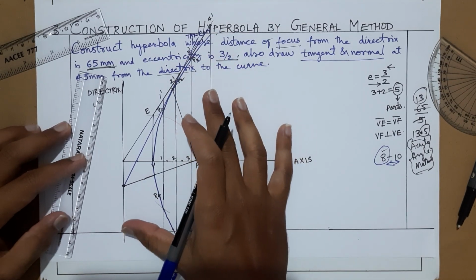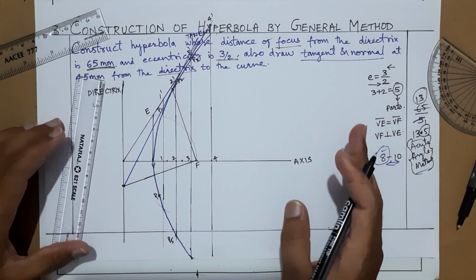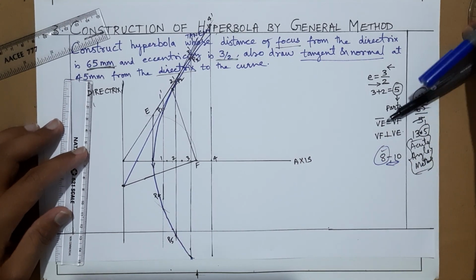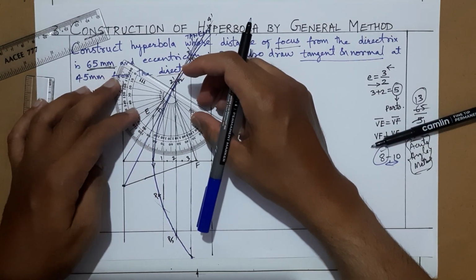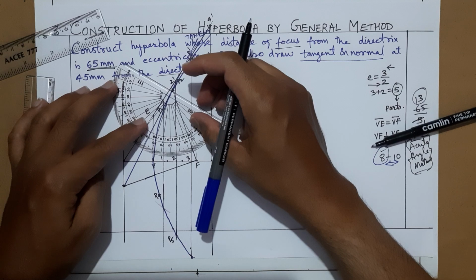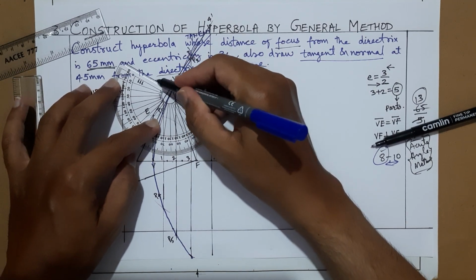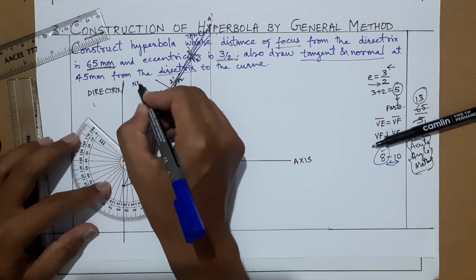So on the drawing sheet, be specific, be careful with the space. Here I have a small size of drawing sheet, so it is happening like this. So understanding the concept is more important rather than these sheet sizes. So this is your normal. You can extend it a little bit more.